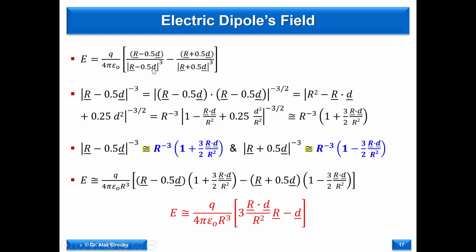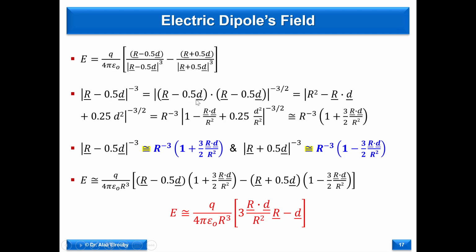Now let us take this one. What is the magnitude? As we said earlier, to find the magnitude of a vector, we take the square root of its dot product with itself. So the dot product of this vector with itself equals the magnitude squared, and it is in the denominator, so it has a negative sign, to the power 3 over 2.